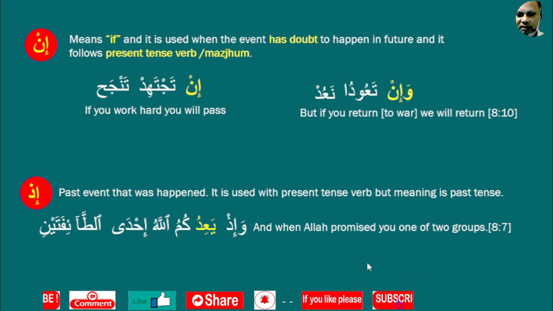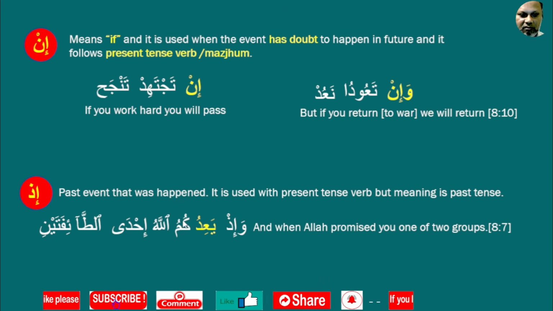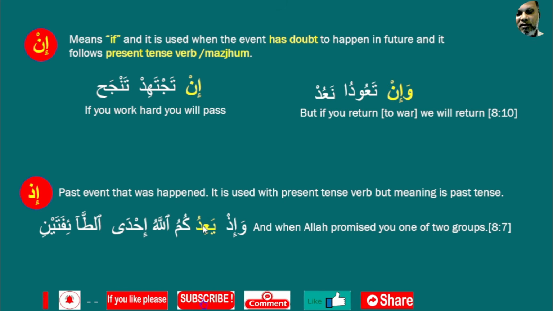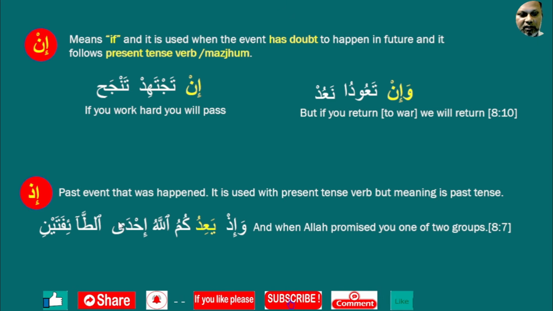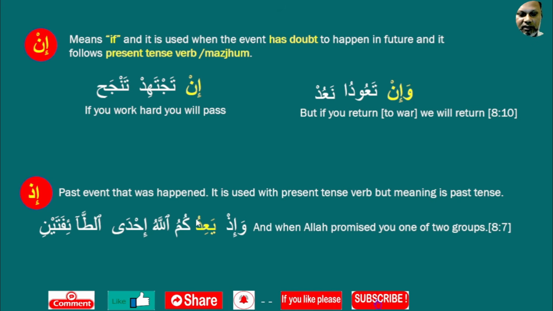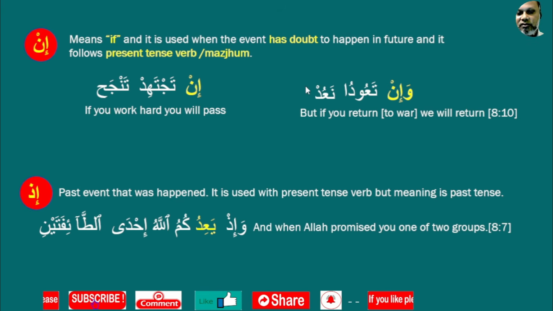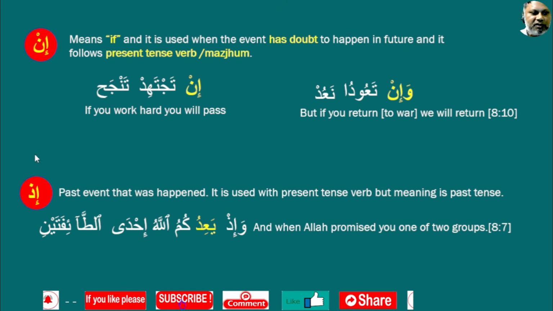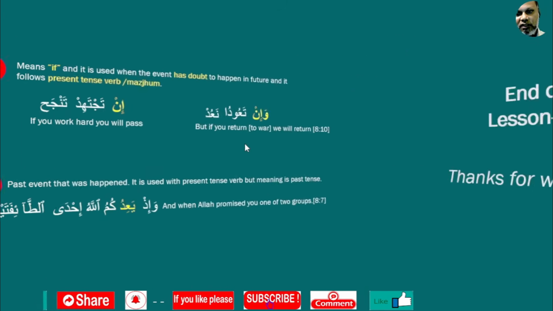Here this is a past event. Allah promised you one of two groups, but the verb here, yaidu, is a present tense verb. Yaidukumullahu ihda at-ta'ifatayni. So here there is no jazm like in, where the verb takes sukun. Here the verb is not taking sukun. So this is the difference between idh, in and iza.